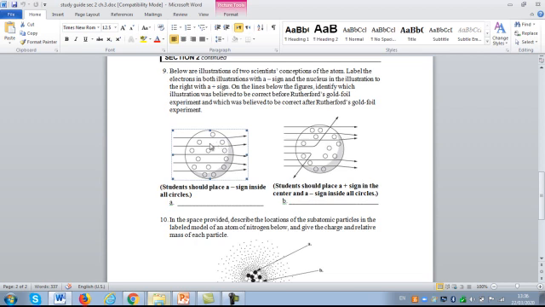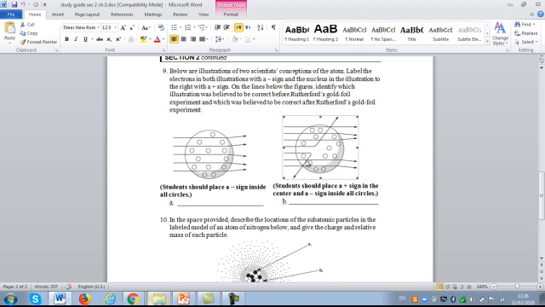So put negative signs inside each circle. In the next diagram, put a negative sign on the circles around, and inside here put a positive sign. Why? Because this is the nucleus.